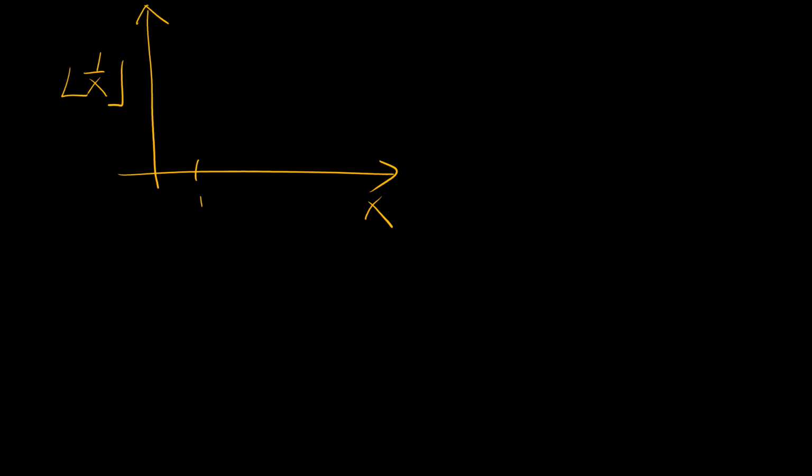Then if we are to plot our graph, we have the floor function on the vertical axis and x here, and we have a quarter, a third, and a half.